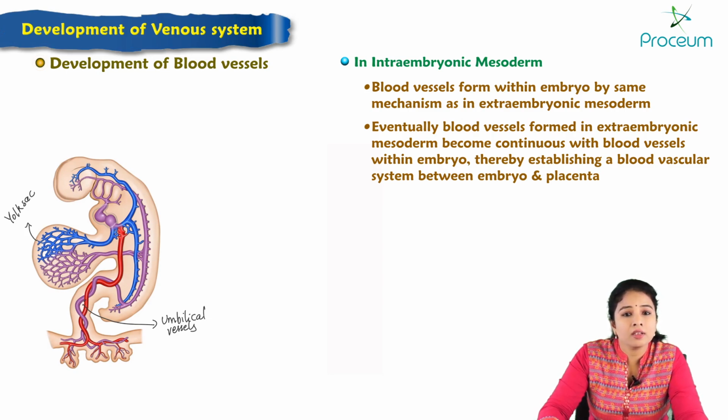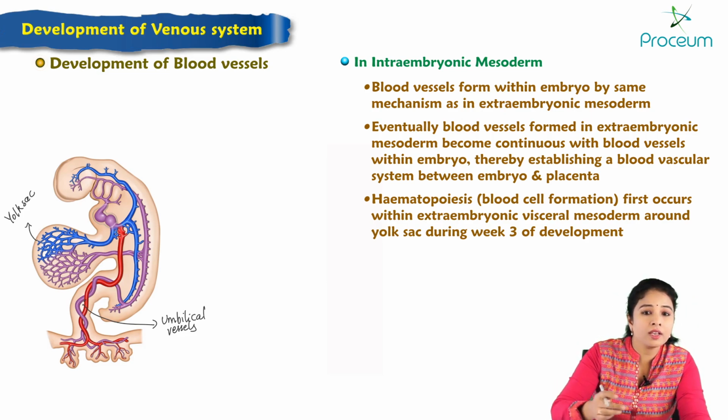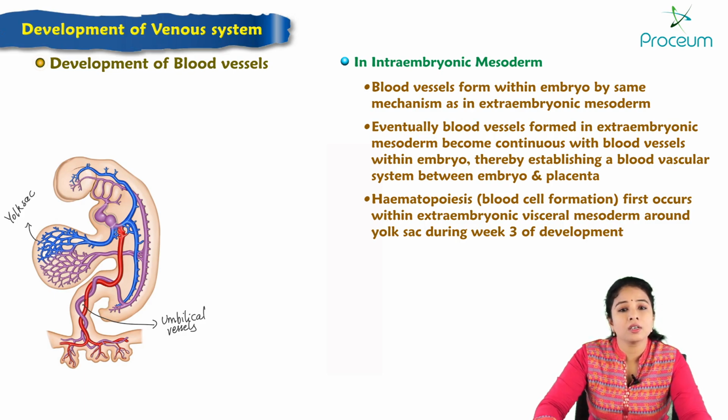So the next thing which we are interested to know is about hematopoiesis, meaning blood cell formation. So the first blood cell formation, hematopoiesis, occurs within the extraembryonic visceral mesoderm around the yolk sac, during the 3rd week of development.